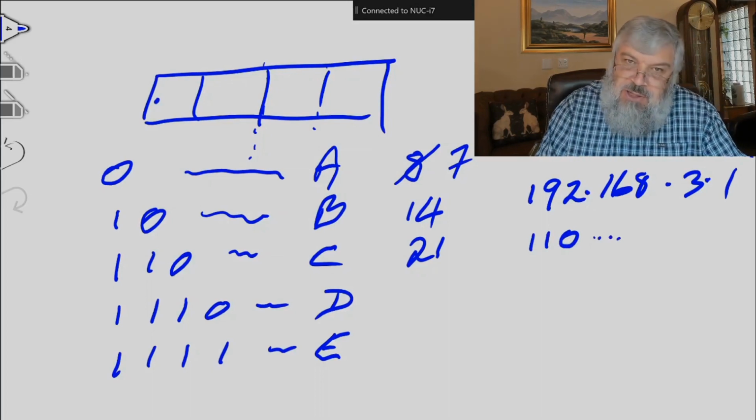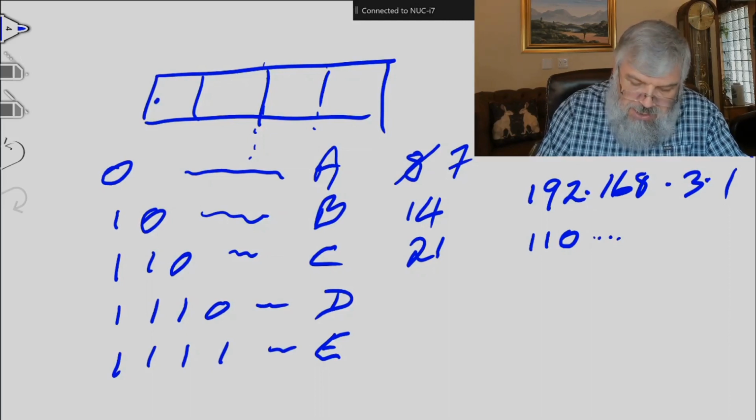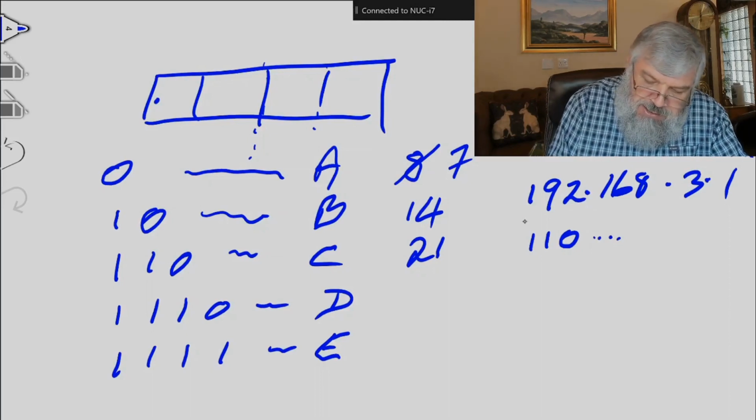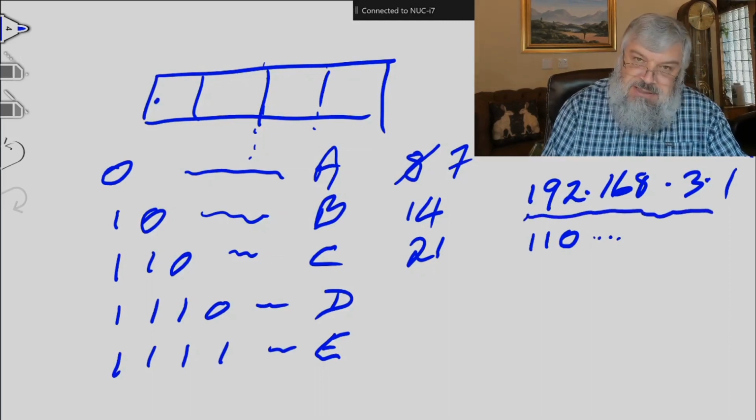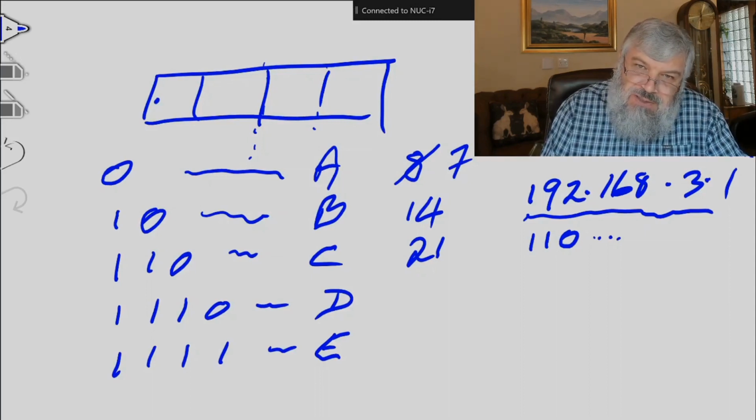Whatever follows is not really important for our purposes right now. The fact that it starts with 110 immediately tells you that that is a Class C address. So taking any address whatsoever, you can determine its class by just looking at the first couple of bits of the first byte.